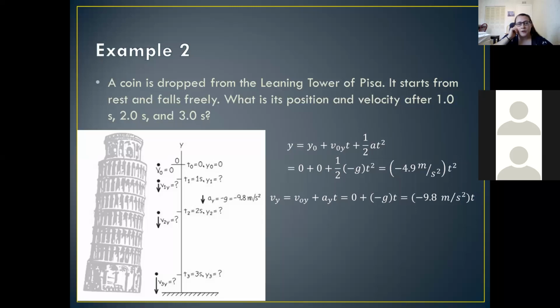We don't have to know how tall the Leaning Tower of Pisa is right off the get-go. We can set the top to be our 0 point, and we're good to go. That takes it out of the equation.